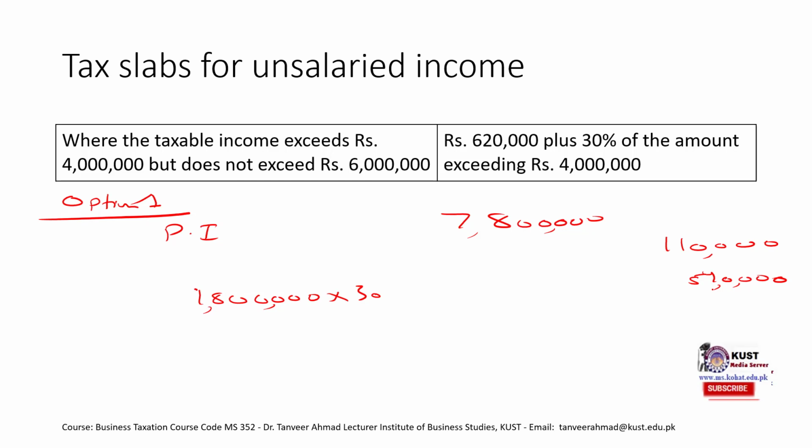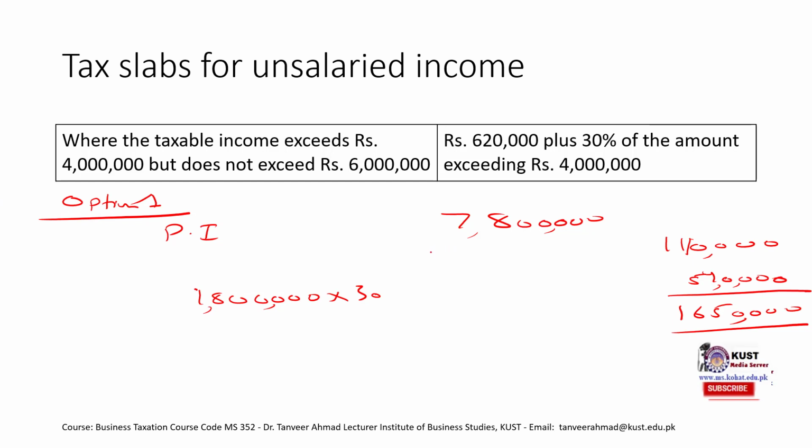Last zero is there. This is 11 lakh and 10,000, right? 11 lakh and 10,000 plus 5 lakh 40,000 would become 16 lakh 50,000. This is the tax if Mr. Qasim follows option 1, that is if he thinks that he should be taxed as an individual.